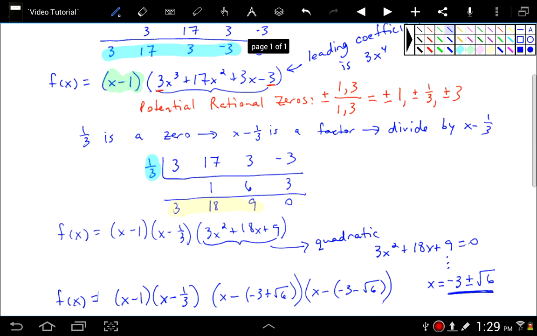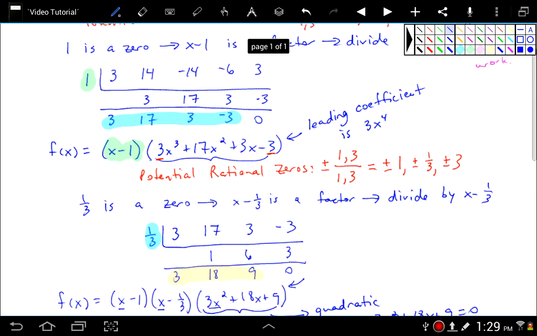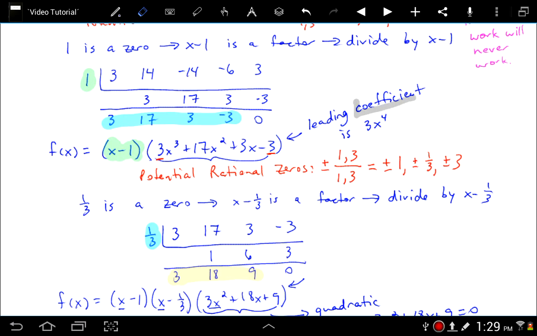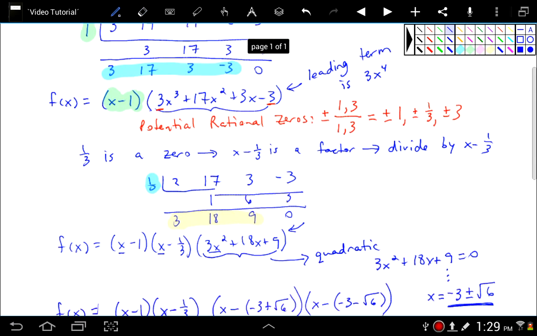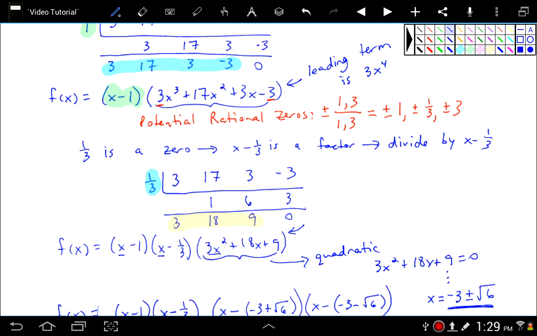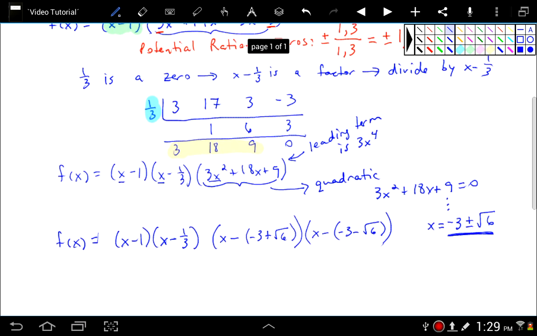If I were to multiply this step out, I would have x times 3x squared for my leading term. Sorry, I shouldn't say leading coefficient. My leading term is 3x to the 4th. If I multiply the first terms all here, my leading term is still 3x to the 4th, exactly what it should be. But now, in this step, my leading term is wrong.